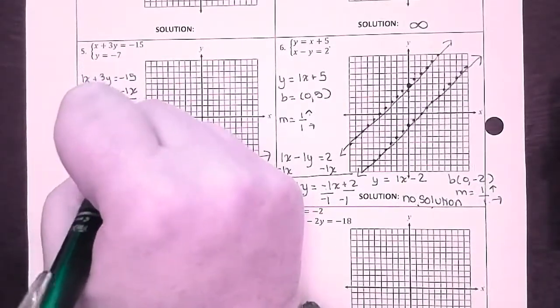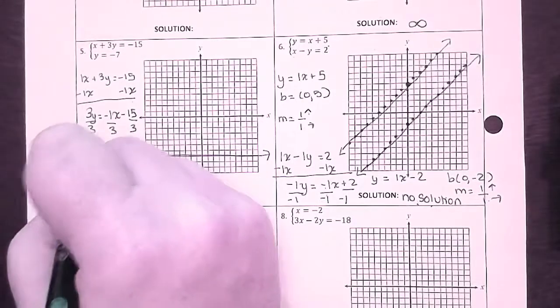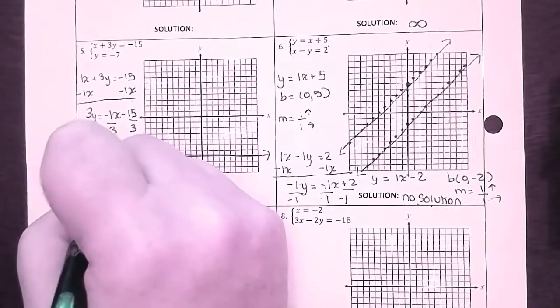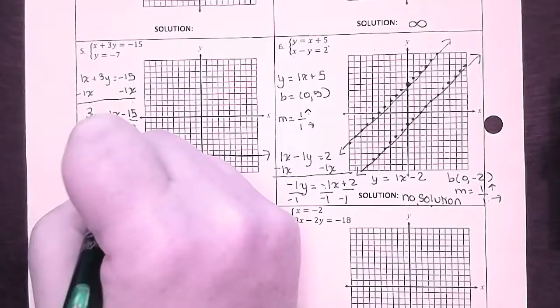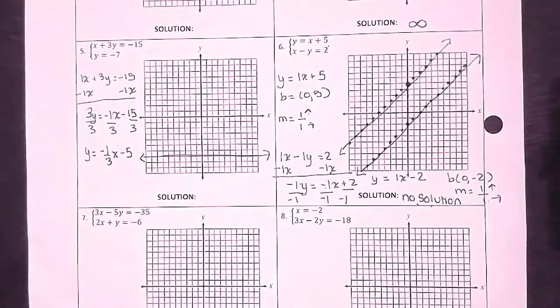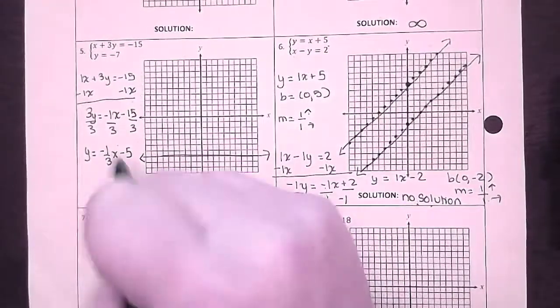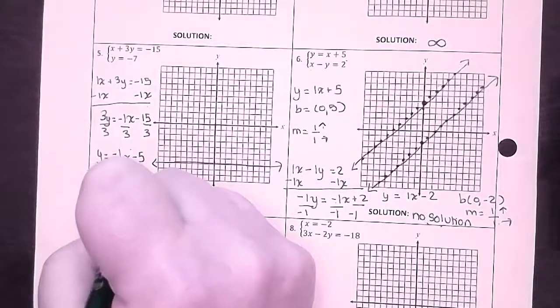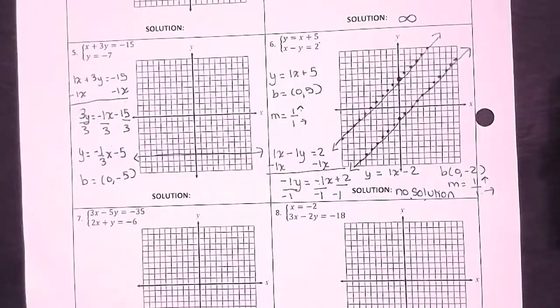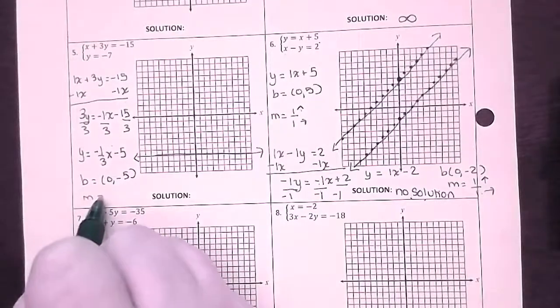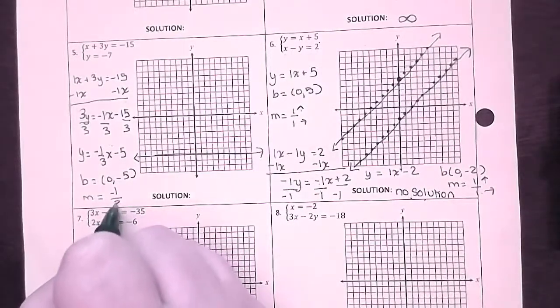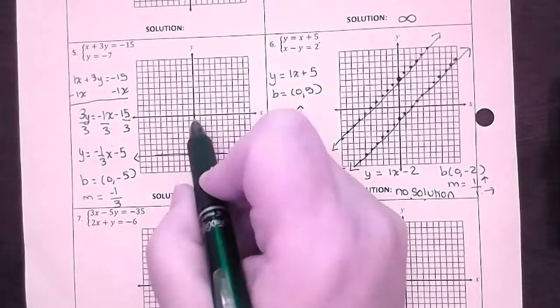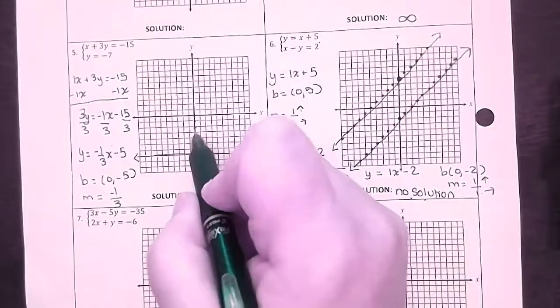Okay? Now, I get y is equal to negative 1/3 x minus 5. All right? So my y-intercept is 0, negative 5. Sorry about my hand. And my slope is negative 1 over 3. So from 0, negative 5, I go 1, 2, 3, 4, 5.